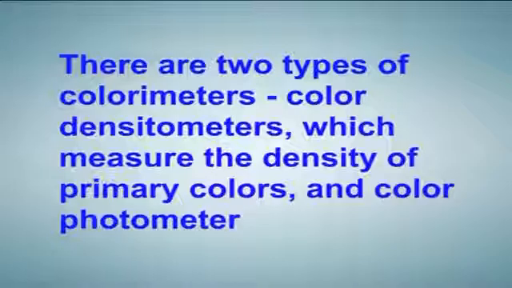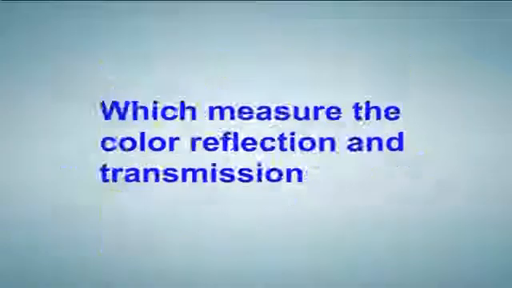The device measures the intensity or concentration of the color that develops upon introducing a specific reagent into a solution. There are two types of colorimeters: color densitometer, which measures the density of primary colors, and color photometer, which measures the color reflection and transmission.